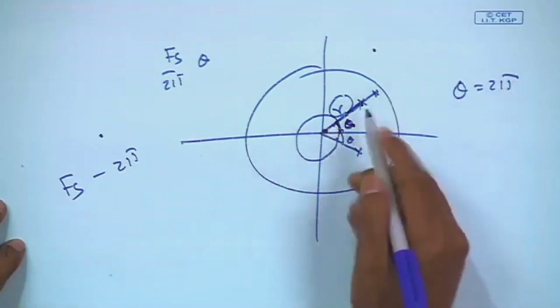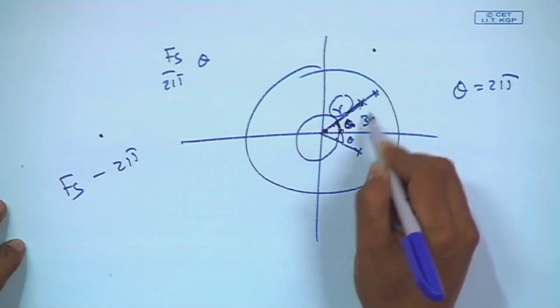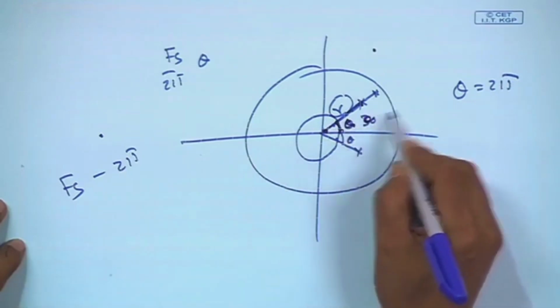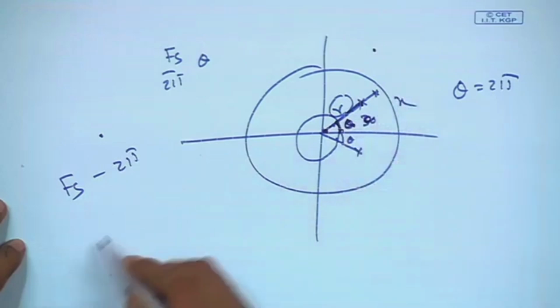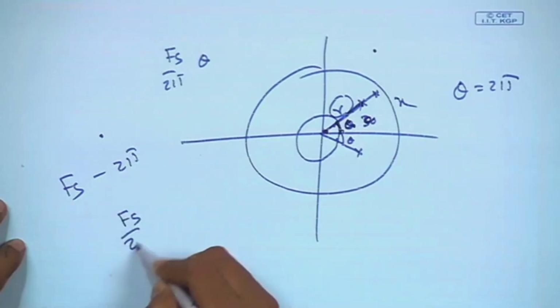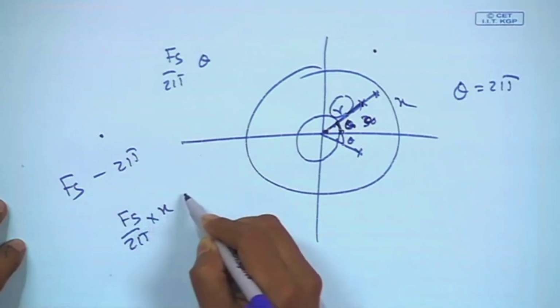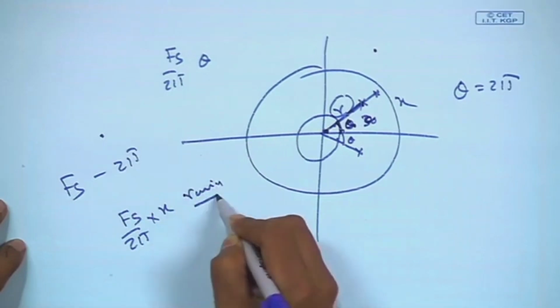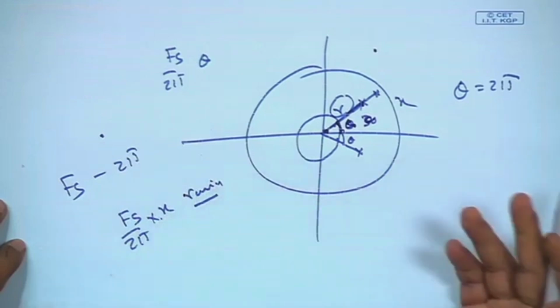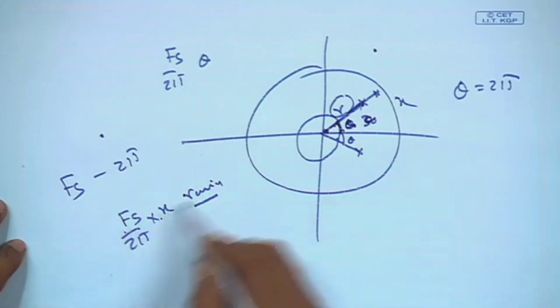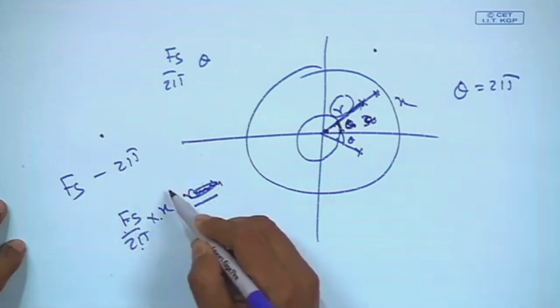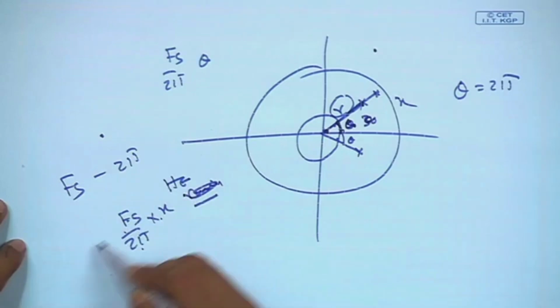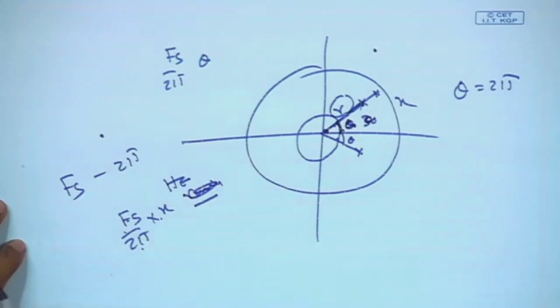So, if theta is x radian, then Fs by 2 pi into x is the frequency. If Fs is in hertz, then Fs by 2 pi into x hertz is my formant frequency.